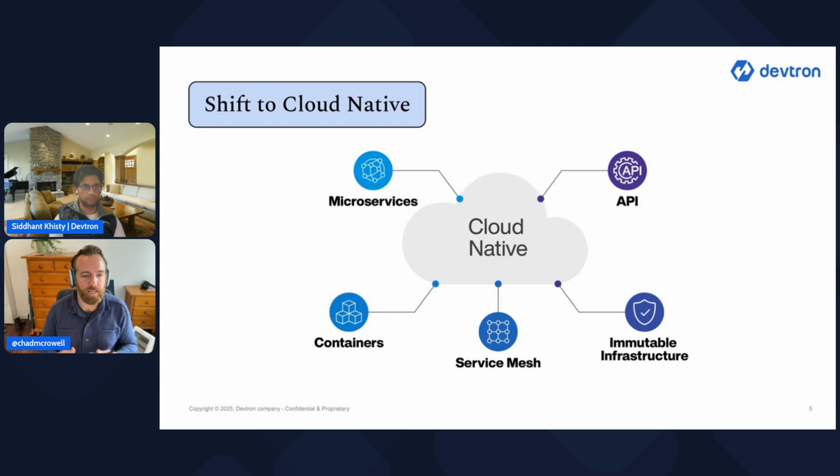However, if you're running an EC2 instance in the cloud as is, there are certain measures that you'll have to take to make sure that your infrastructure and your applications running on top of that infrastructure are secure.